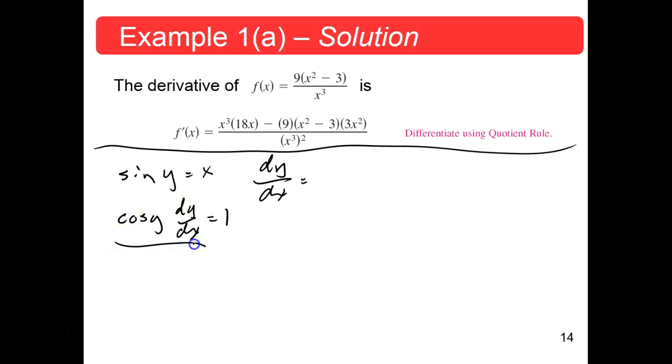Okay, divide by cosine y. Now that should set a few warning bells off in your head. And what would those warning bells be saying? That is a correct step to do. Yes, you cannot have zeros in the denominator, and cosine of y is 0 when y is any of your half pi's.